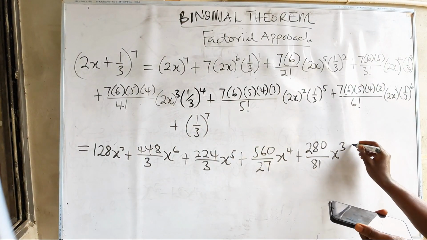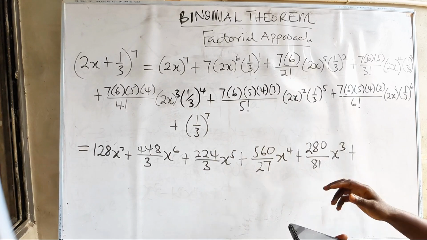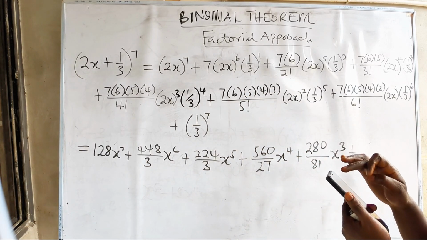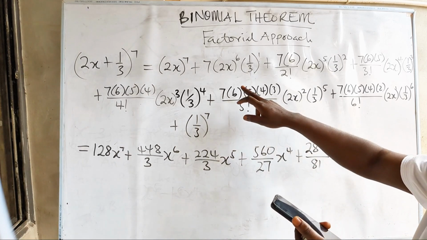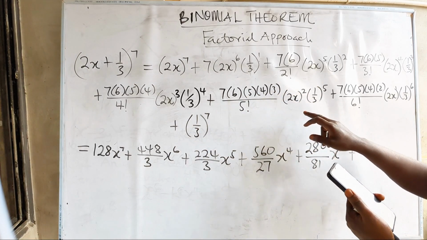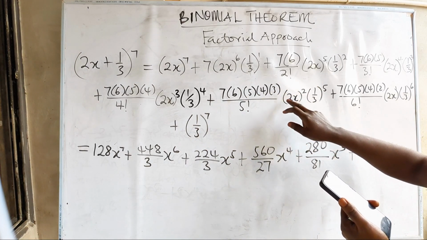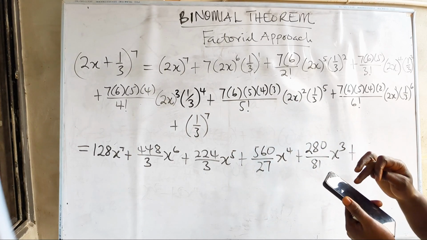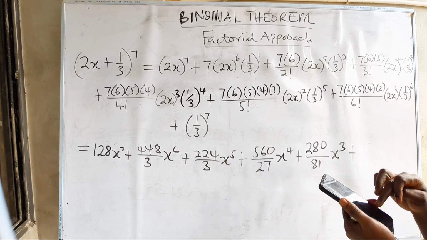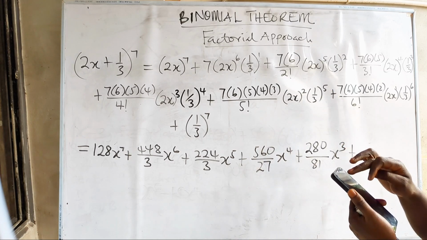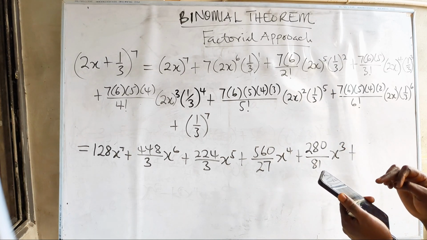Okay, plus, we are not done yet, 7 times 6 times 5 times 4 times 3 times 2 exponent 2 times 1 over 3 exponent 5 over 5 factorial.